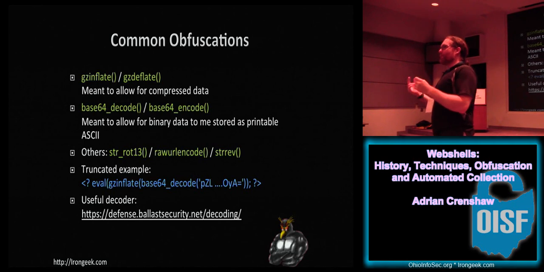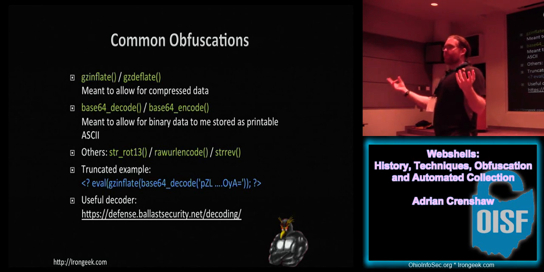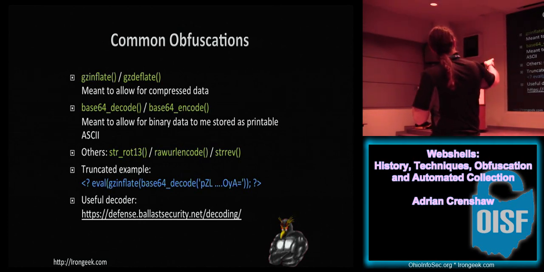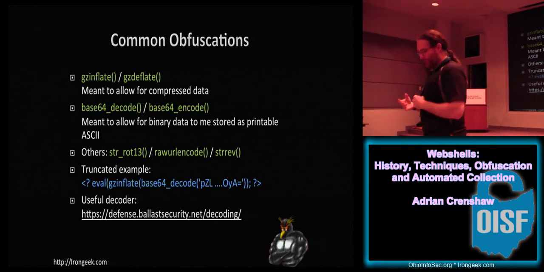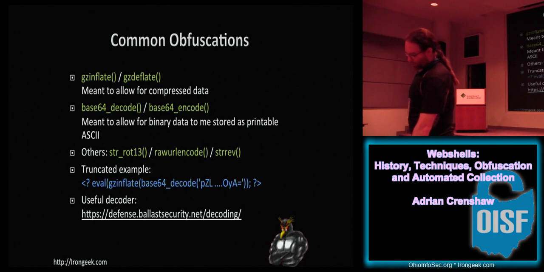So by doing this, you can encode everything in 64 different characters, no matter what the binary is, and be able to send it through, like, say, common mail systems. So by using base64 encode and decode, they can obfuscate something and make it hard to read. There's also all sorts of other encodings. ROT13, while it's really crappy encryption as far as securing it for confidentiality, if all you want to do is bypass someone's filters, it might very well be all someone needs. And reverse URL encode and just a ton of other ones.